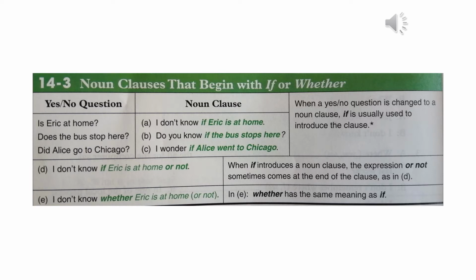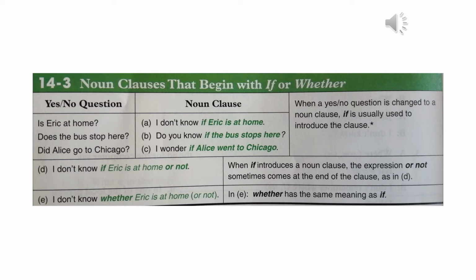Now kindly open your grammar book, page 376, lesson 14.3, noun clauses that begin with if or whether. In the previous session, we talked about information questions and how they are changed into noun clauses. Today we are going to see yes-no questions and how they are changed into noun clauses.